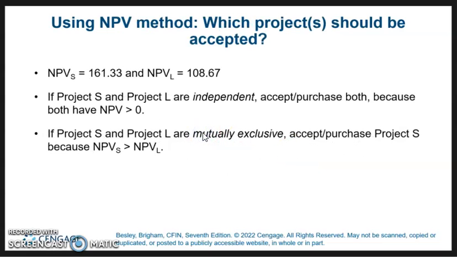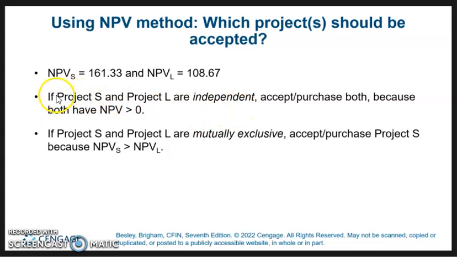So we are referring back to our previous two projects. So which should be accepted? Recall the NPV of Project S was $161.33. The NPV of Project L was $108.67.